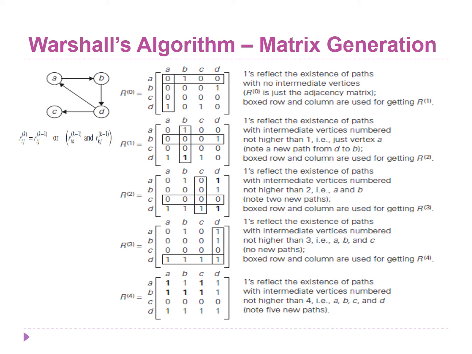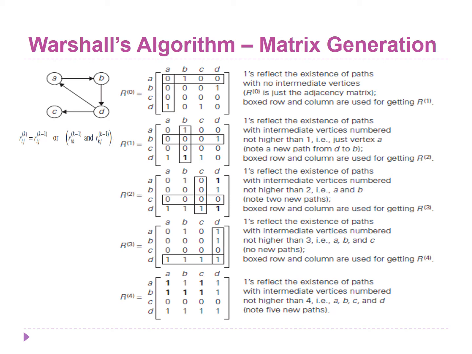Warshall's algorithm finds the transitive closure matrix from the adjacency matrix iteratively. Each iteration in Warshall's algorithm finds a matrix that represents the existence of a path with a corresponding number of directed edges.